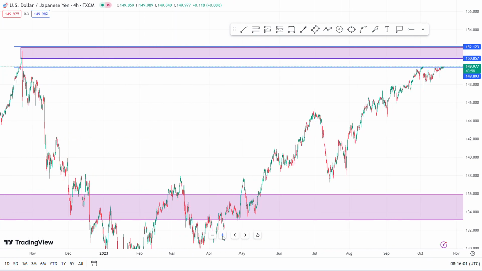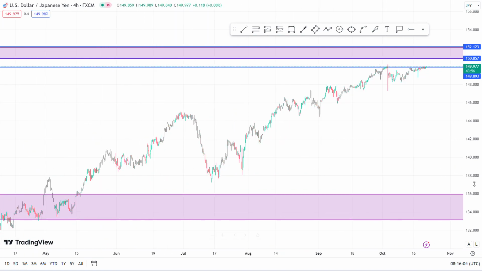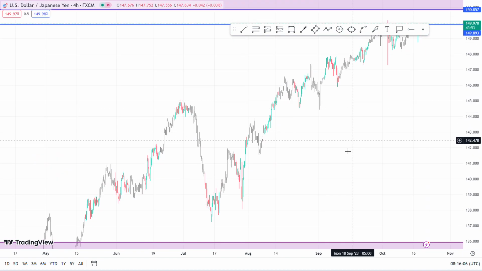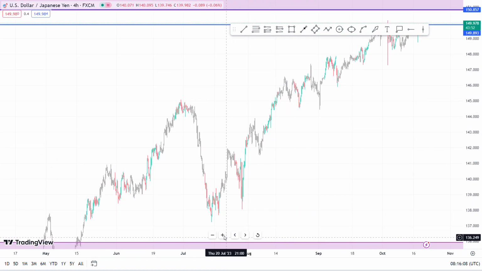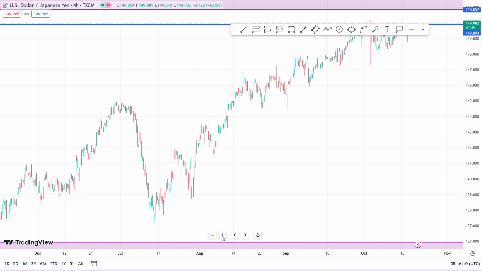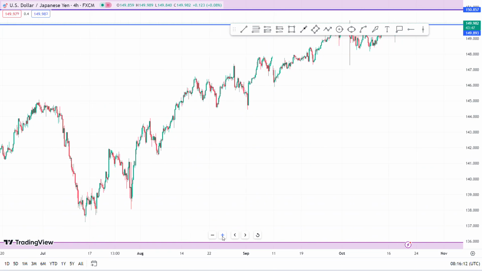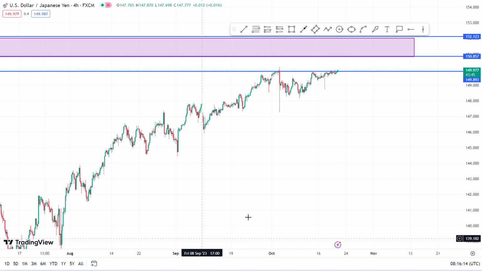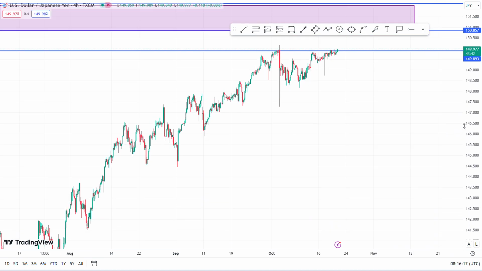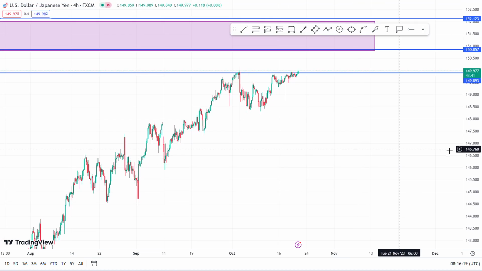Meaning our intention here is we have to focus on selling, because weekly is convincing us to sell. Monthly was giving us a double top, right? So the possibility of us to wait is very high, so that we can make some good cash from there.